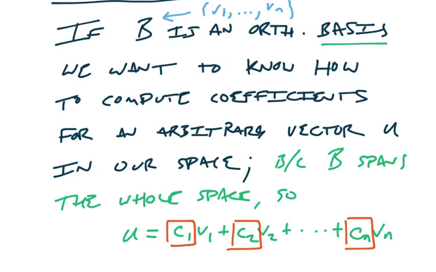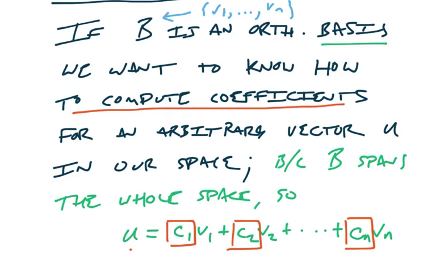So this is really the most important part about bases, being able to figure out these coefficients, because the coefficients tell you how to deconstruct a vector into its basis components, or if you know just the coefficients, how to build that vector back up from the basis vectors by adding them up in this linear combination to reconstruct the original vector u.